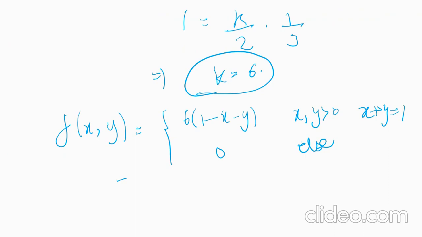Now when we put the limit 1, it will be 0. When we put the limit 0, it will be 1. So it will be basically 1 by 3. Okay. So 1 is equal to k upon 2 into 1 upon 3. So k we will find here is 6. Okay.